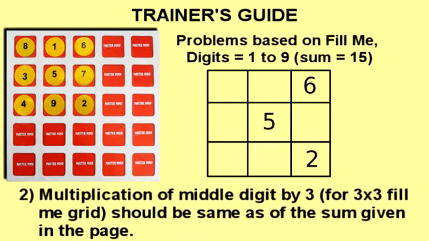As the condition says, multiplication of the middlemost digit by 3 should be the same as the sum. Here you can see the student has placed the digit 5 over here. So if I multiply 5 by 3, it will be 15 and the sum is 15. That means our second condition is satisfied. Until here the student has completed the filmy grid correctly.